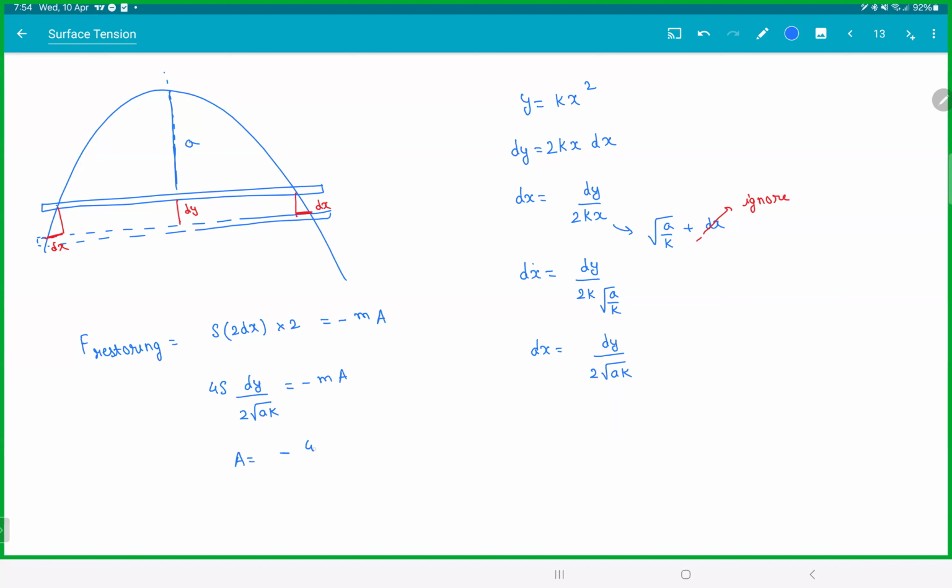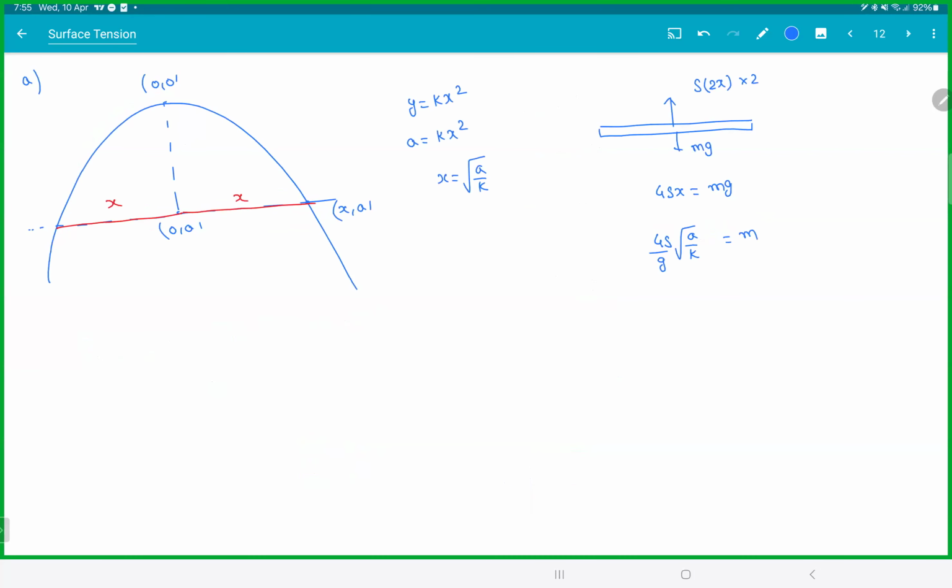So acceleration is 2s by M root ak into dy. This is your omega square. The time period is 2 pi root over mass of the rod into root a into k by 2s. Mass of the rod we already know. You can substitute that and you can simplify the answer.